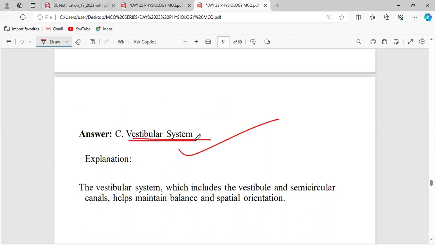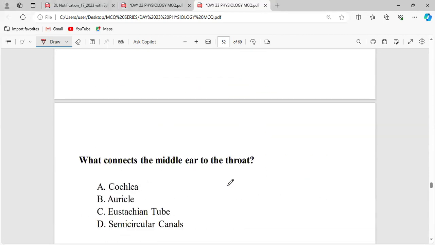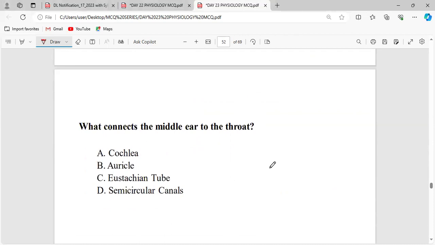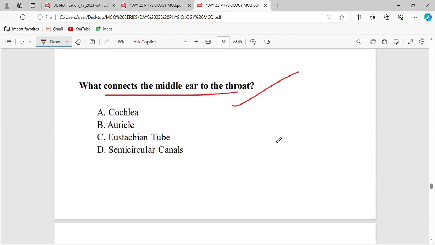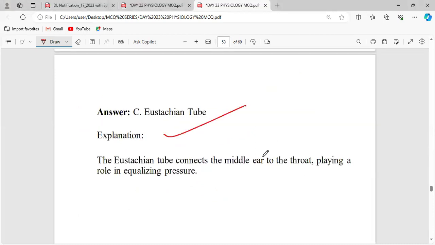Vestibular system is nothing but a combination of the vestibule and semicircular canals. Both structures are involved in maintaining balance. Now, what connects the middle ear to the throat? That will be the Eustachian tube.